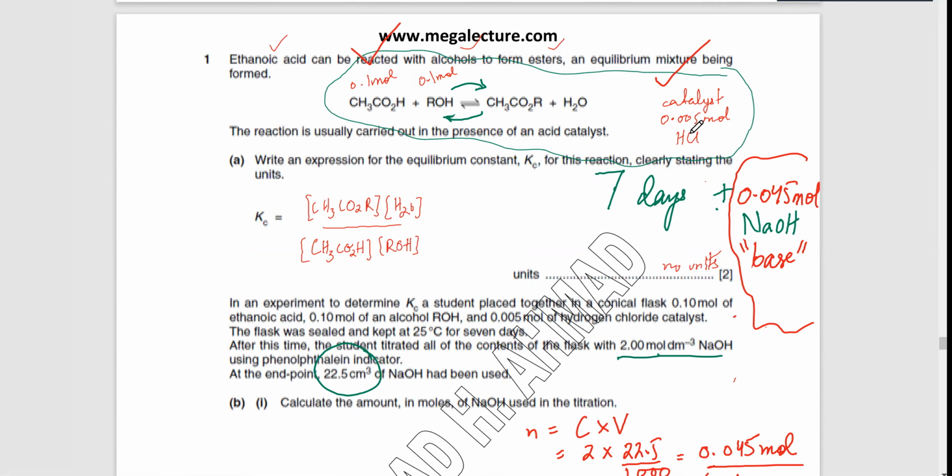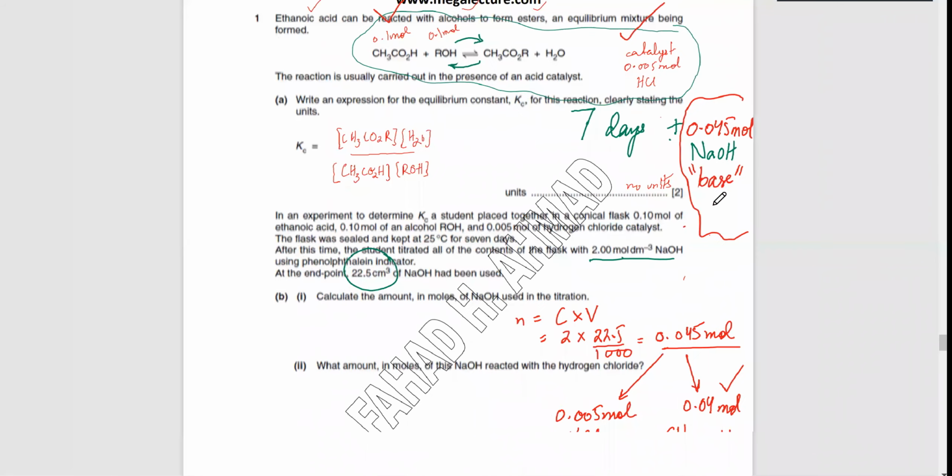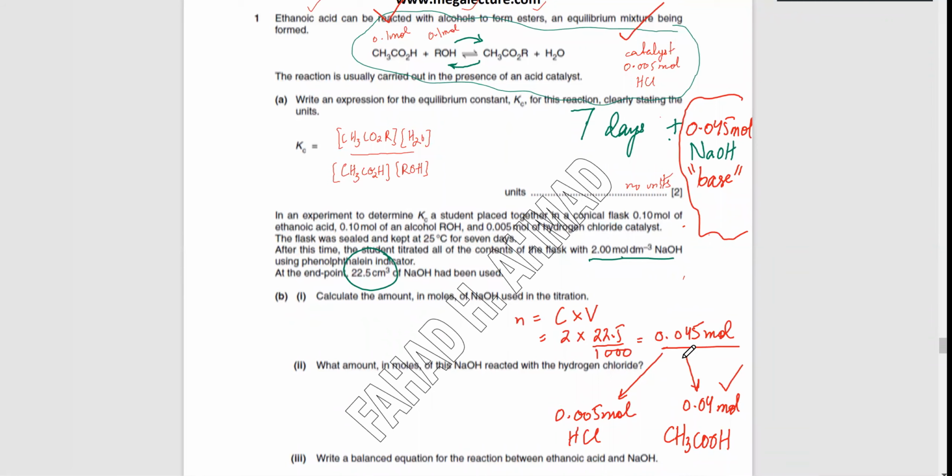So we figured out that out of these 0.045 moles that have been added, 0.005 moles probably ended up reacting with HCl. And the rest of the remaining moles, they don't have any other option. There's nothing else that they're going to react with except for the other acid, which is ethanoic acid.